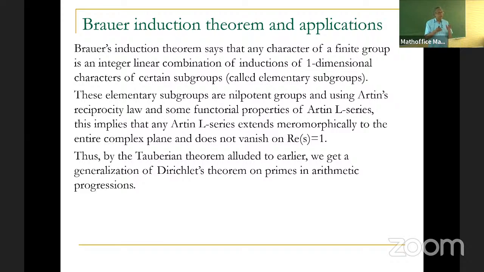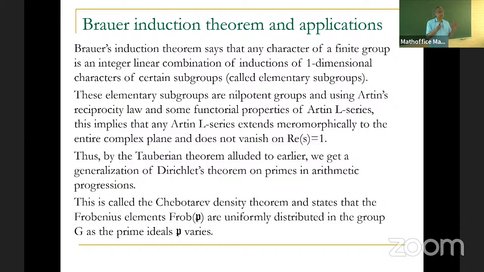So you have to use the reciprocity law to show that the Artin L series is analytic on real s equals 1. And so if you have that, now you apply the Tauberian theorem, and you can get a generalization of Dirichlet's theorem on primes in arithmetic progressions. What is the generalization?